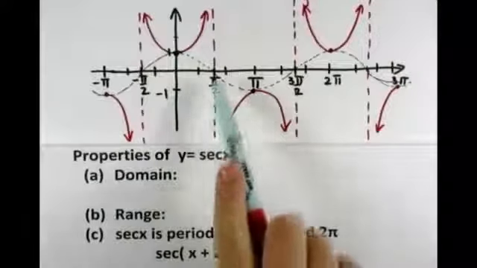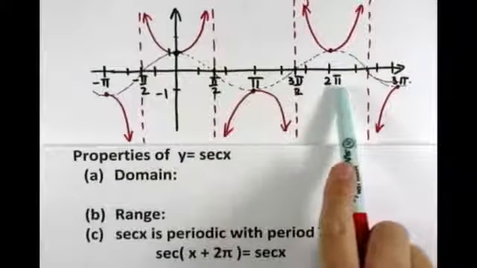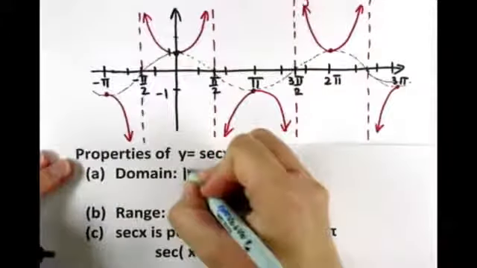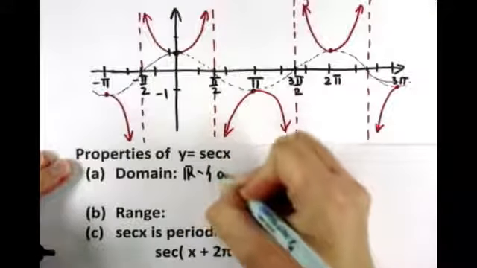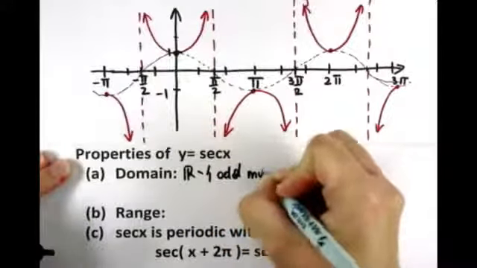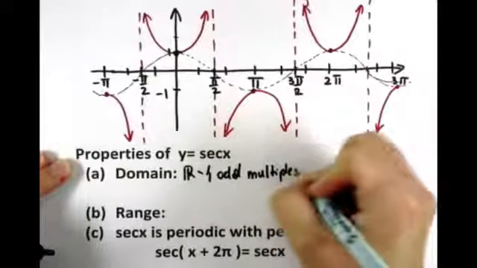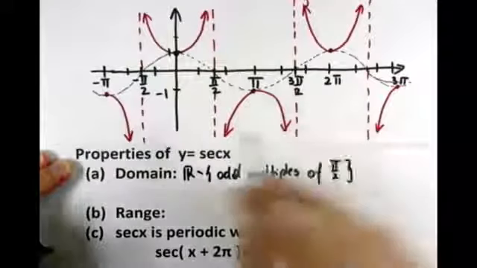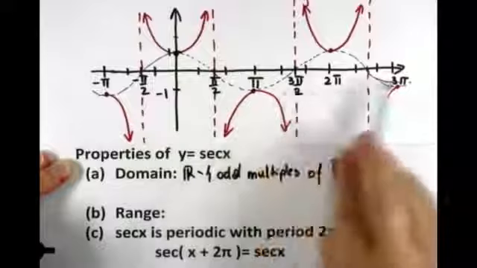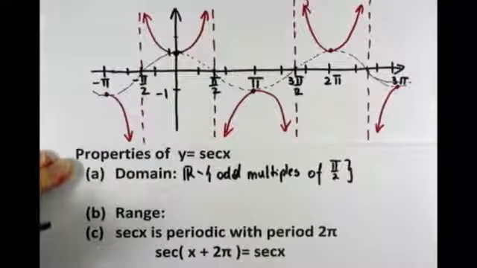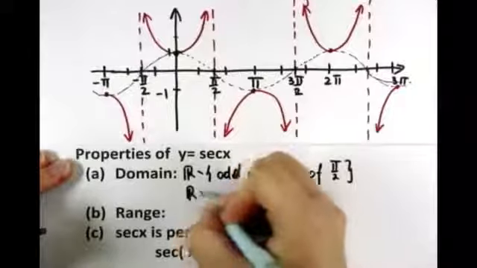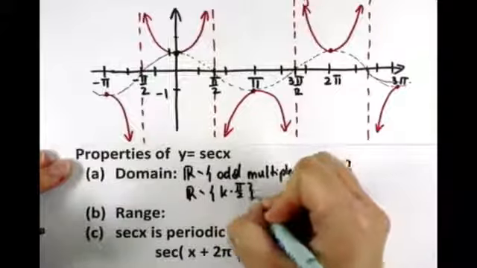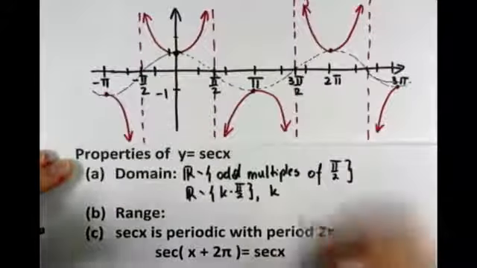It cannot be even, because even would be 4 over 2 is 2, and that's not. So the domain is all real numbers minus odd multiples of pi over 2, because we have 1 pi over 2, 3 pi over 2, 5 pi over 2, and so on. So in symbolic way it would be R minus k times pi over 2, where k is an odd integer.